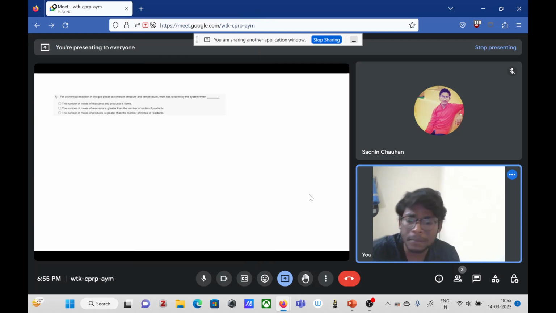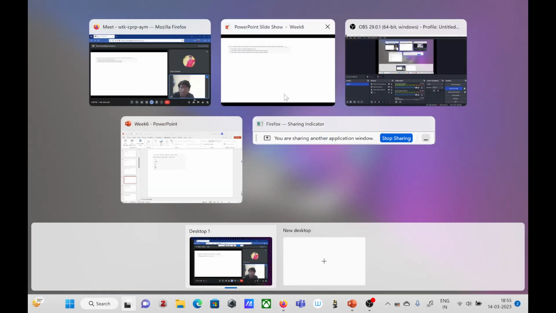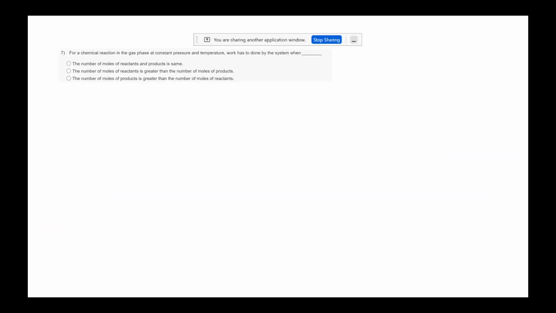clue in the previous questions. So question is, the chemical reaction in the gas phase at constant pressure and temperature, work has to be done by the system when number of moles of reactants and products is same. Number of moles of reactants is greater than the number of moles of products. So here the number of moles is same, means delta n equal to 0.